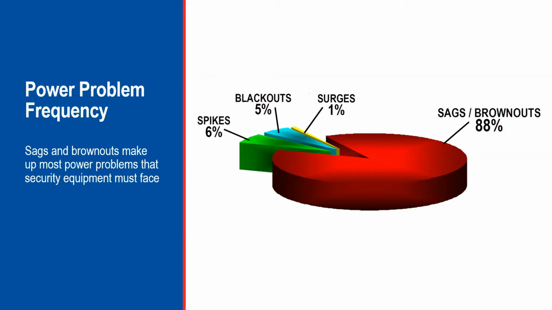That's probably the more common power problems that everybody's really used to. But really, primarily, the types of power problems that cause the majority of connected device problems, whether it's complete device failure or eventually a shortened life of your device, is going to be the sags and brownouts.